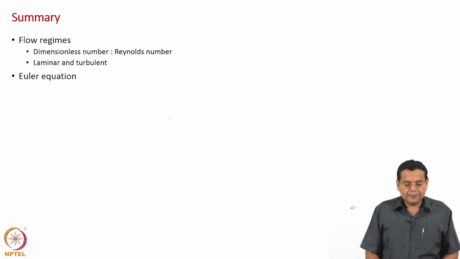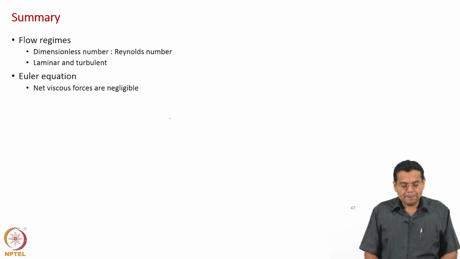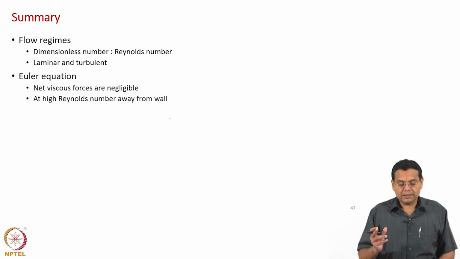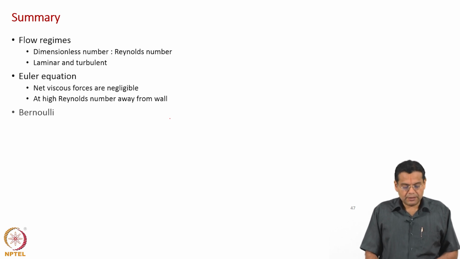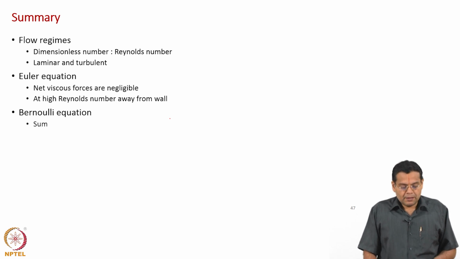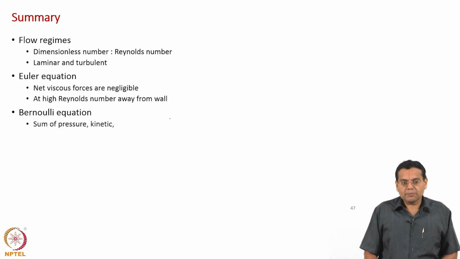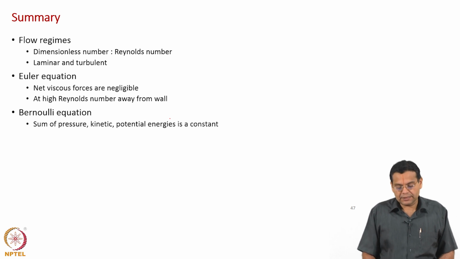Okay. Then we discussed the Euler equation, okay, and Euler equation is applicable for inviscid flows, which means that net viscous forces are negligible, okay, and which happens at high Reynolds number away from the wall, okay. And then we derived the Bernoulli's equation, okay, which tells you that the sum of pressure, kinetic, potential energies, of course per unit mass, is a constant.